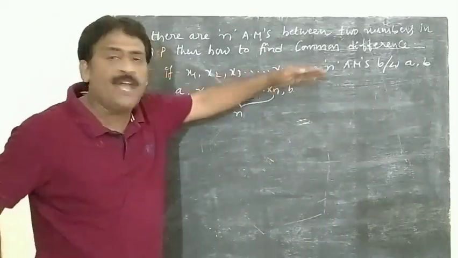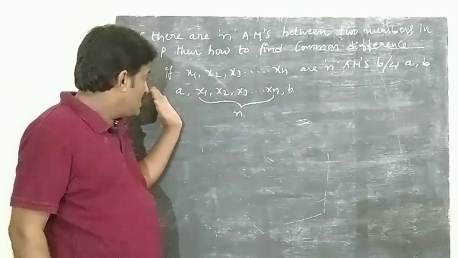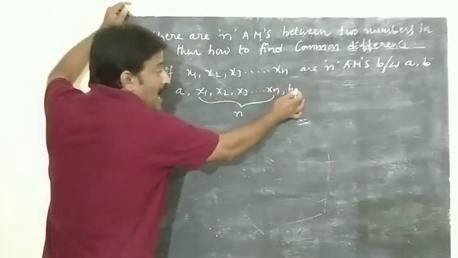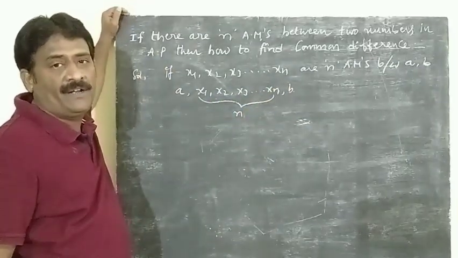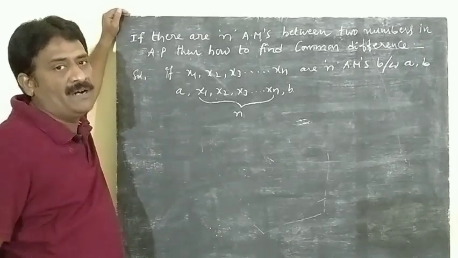Now these are in AP because these are AMs. Hence the list of numbers is in AP. Then what is the last term here? B.